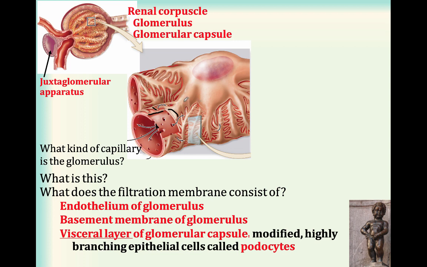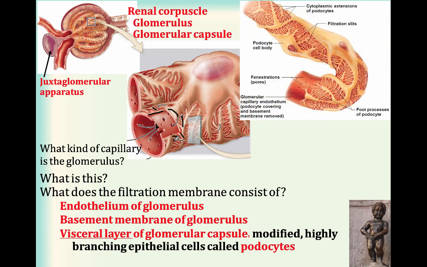And this visceral layer is a number of modified, highly branching epithelial cells. And so here's that epithelial cell. It's been modified, and it branches a whole lot, and it has these things which are called podocytes, these processes, and you can see how they kind of interdigitate.